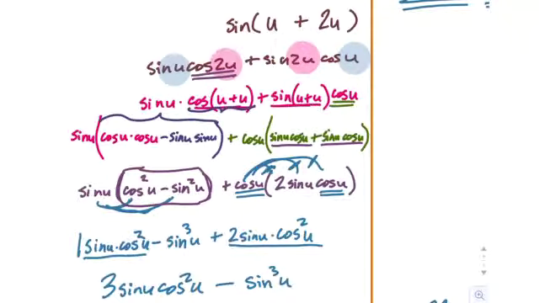Cosine of 2u equals that. And then sine of 2u ends up being 2 sine of u cosine of u. So those are going to be the double angle identities. And they're real easy to derive just by calling 2u u plus u. They come directly from the composite identities, but they show up often enough, especially in calculus, that it's worth memorizing.